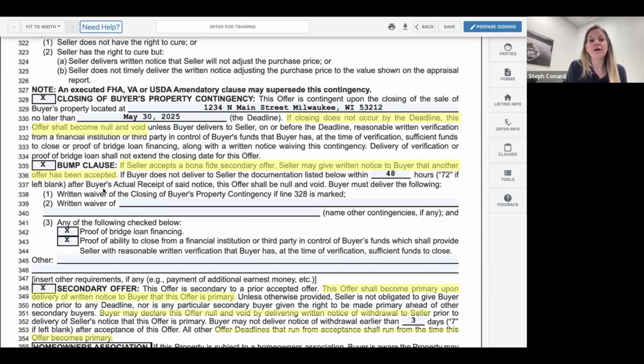An example of a bump clause being used without a home close contingency: you can include a bump clause in your offered purchases, and it may not be tied to the home close contingency. It's very rare that that would happen. I've definitely seen it in oddball scenarios.